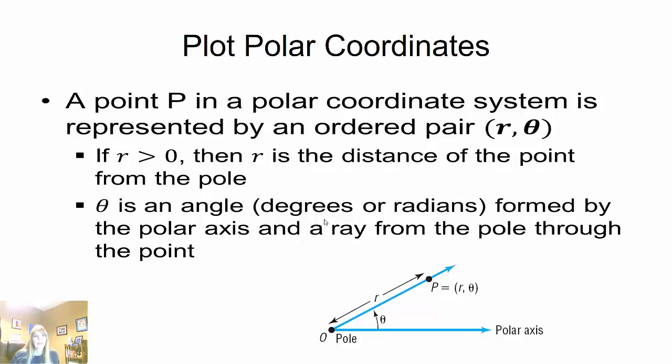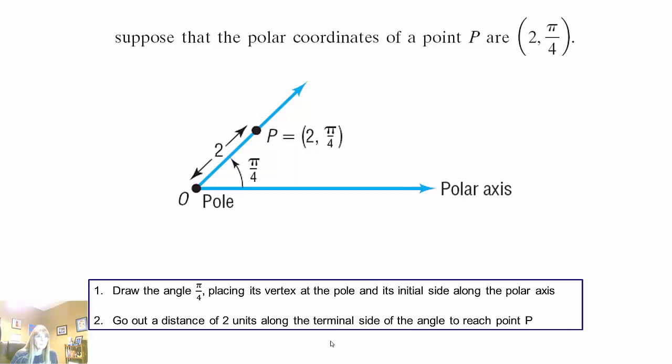Theta is an angle formed by the polar axis, which is your x-axis, and a ray from the pole through the point. So all we're doing is we're moving an angle and then a distance out based off of this value of r.